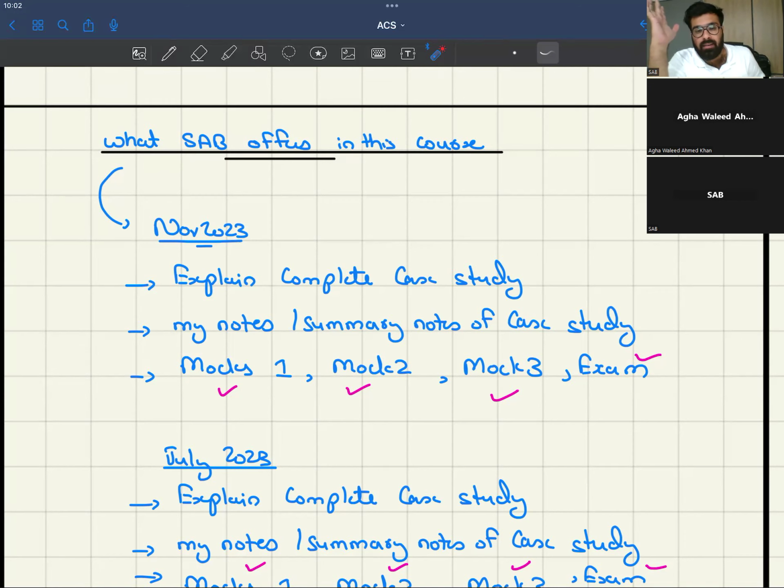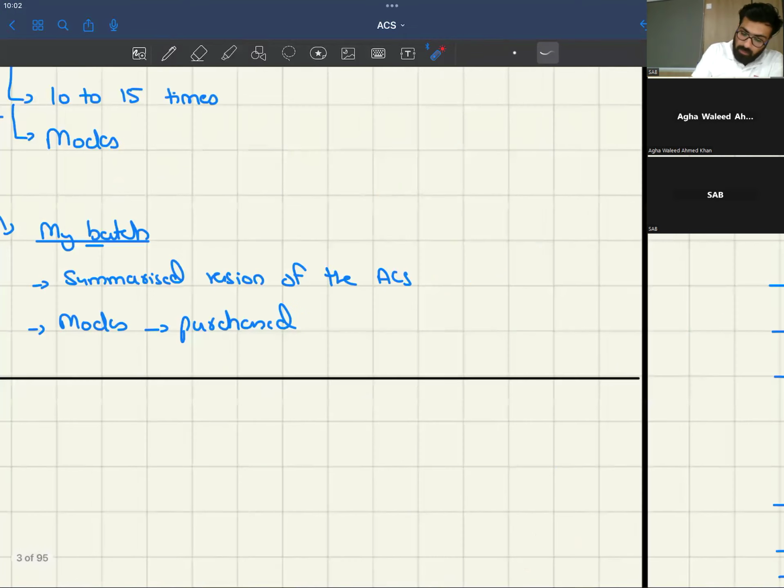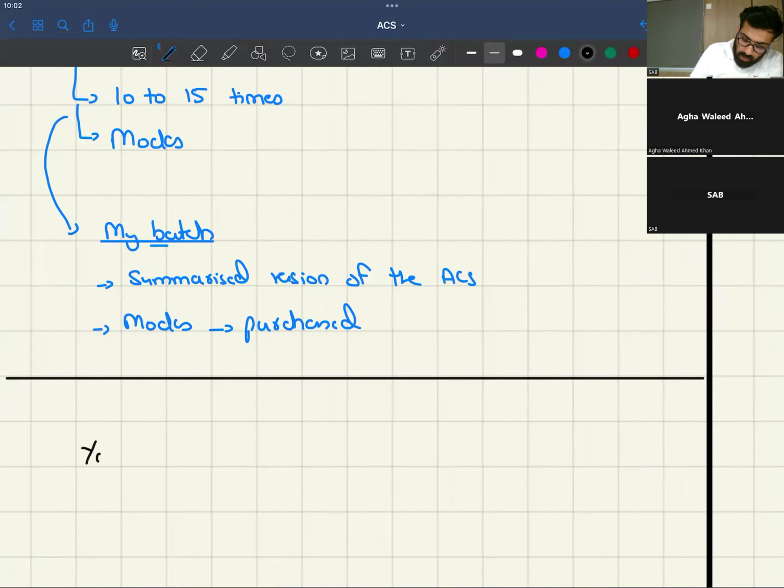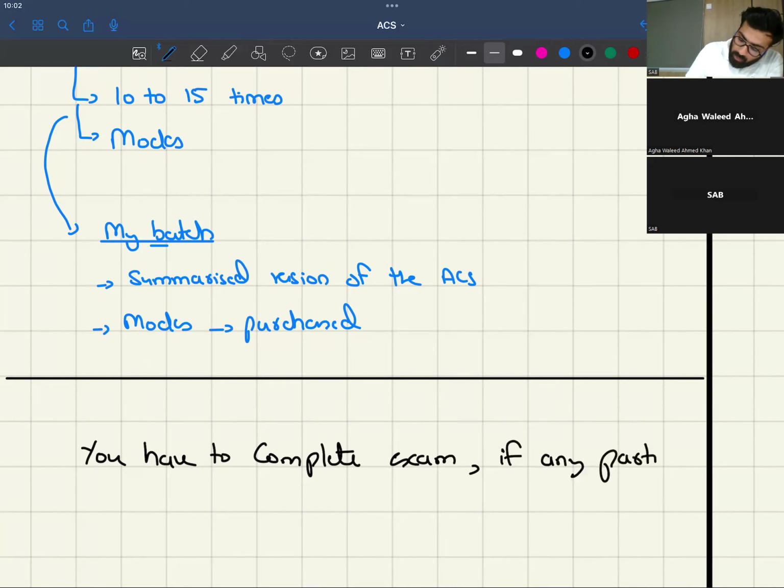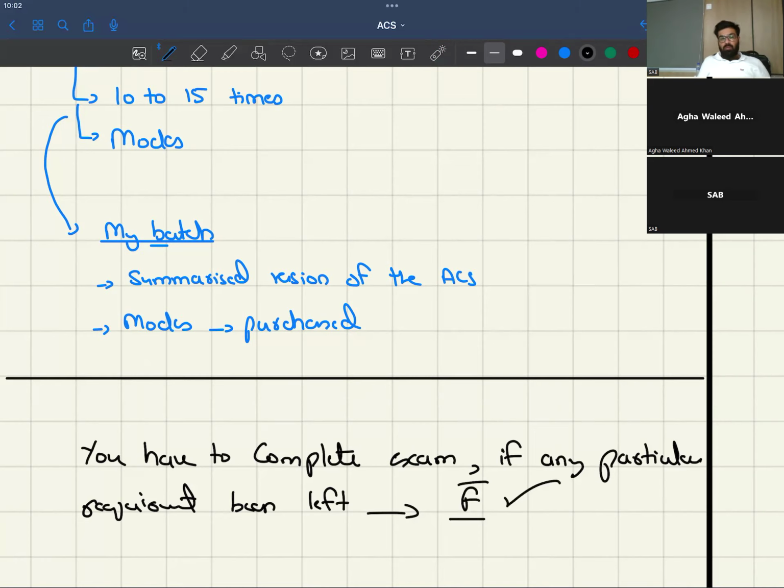The last thing here, which I'll write in big boxes, is that you have to complete the exam. If any particular requirement is left, automatically our student will fail.